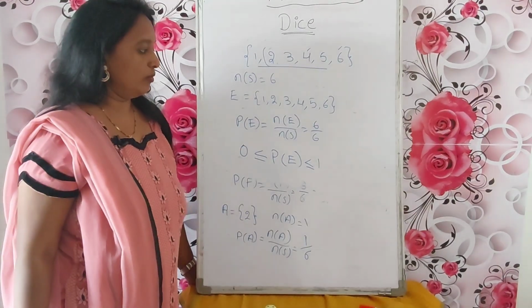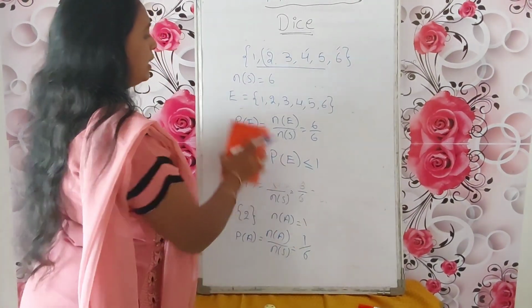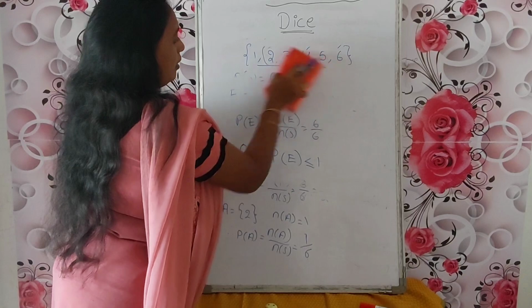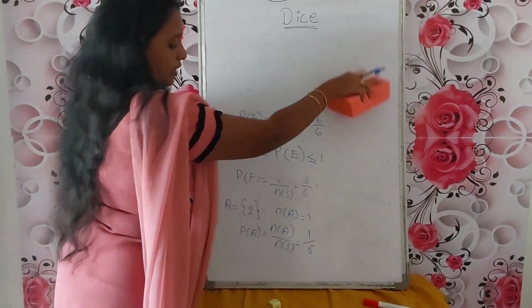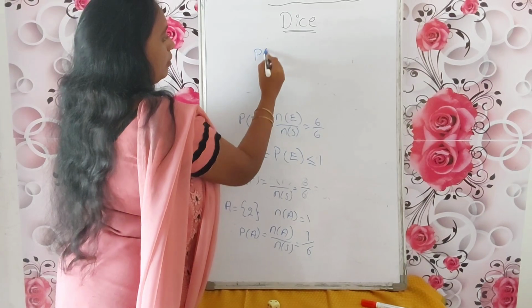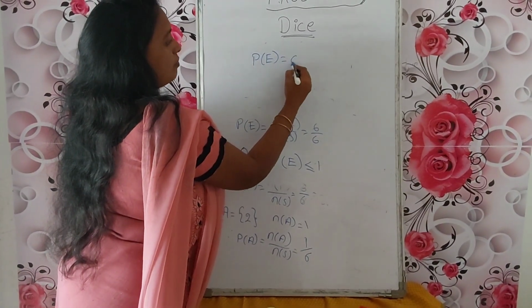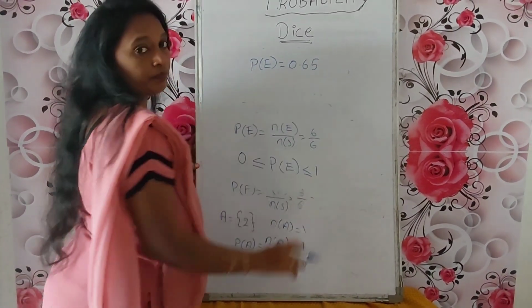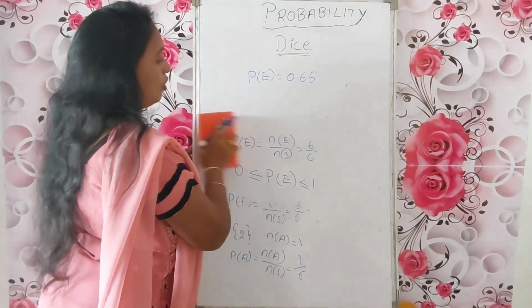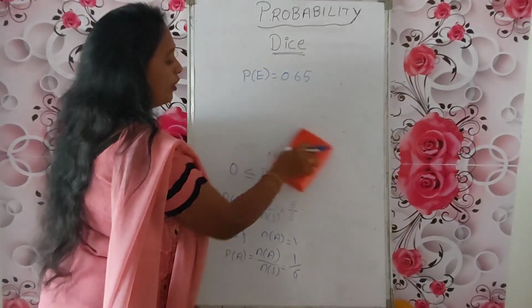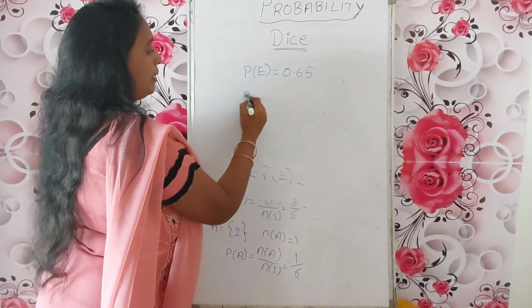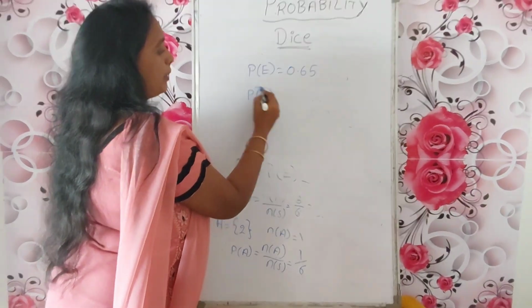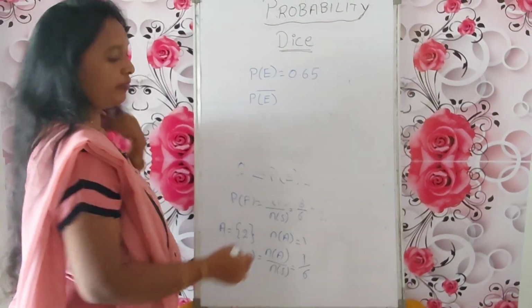Another 1 mark important bit is they may give you P of E is equal to some 0.65, and they may ask you what is the probability of not happening that event. Not happening that event is written as P of E bar.